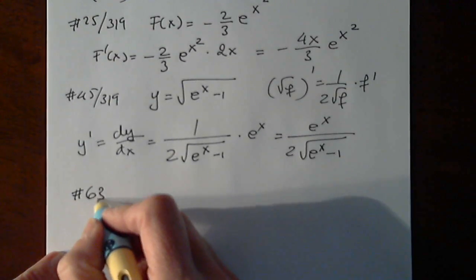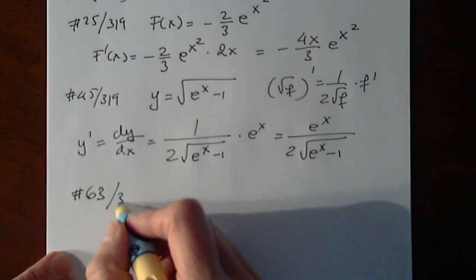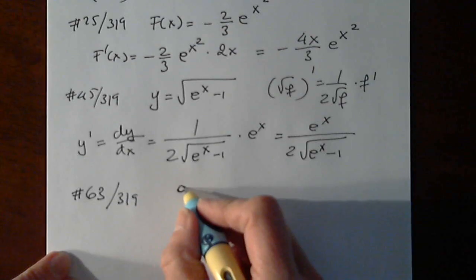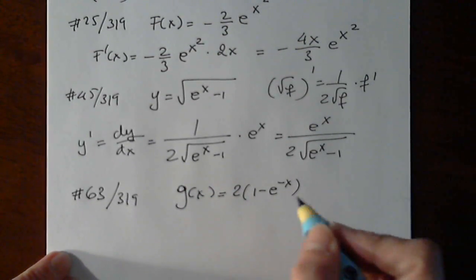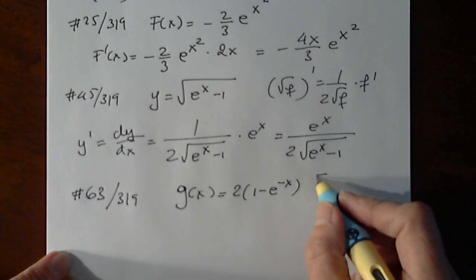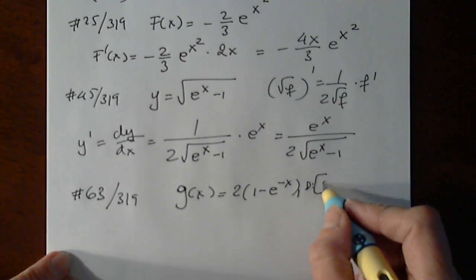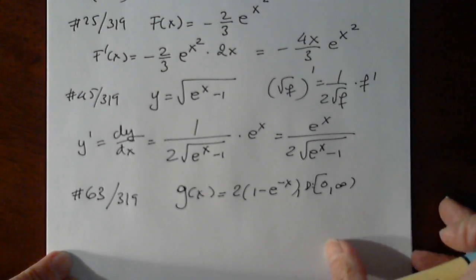Problem 63 on the same page. We're asked to graph this function g of x equals 2 times 1 minus e to negative x. And we are given the domain of this function, 0 to infinity. We're going to go through all the steps that we normally go through when we graph a function.